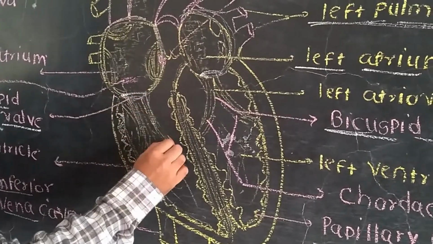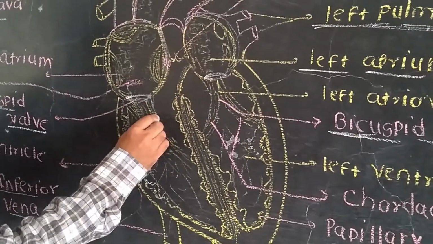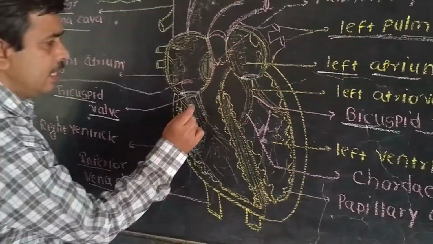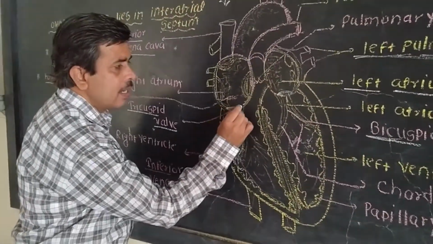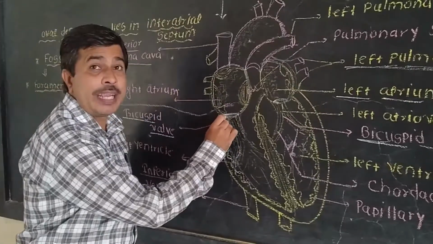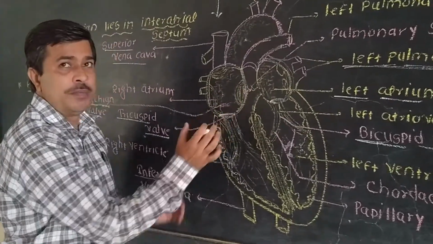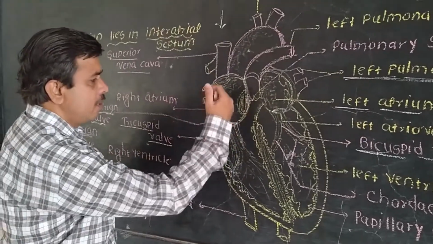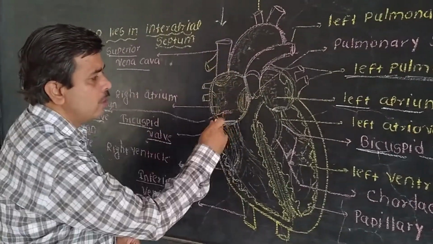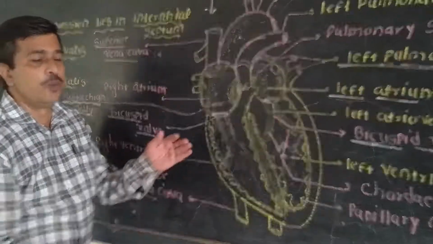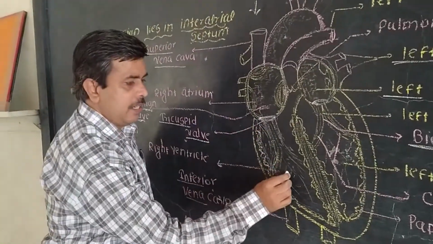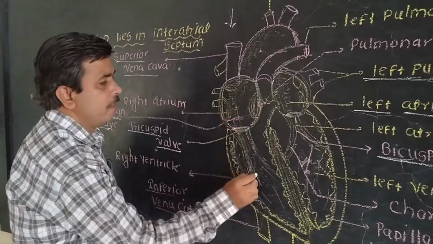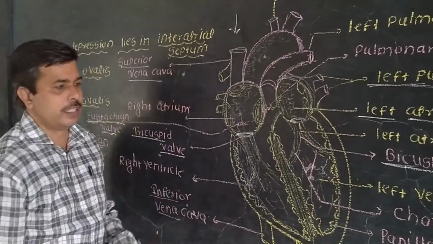These fibers are known as the chordae tendineae, and they help to open and close the bicuspid and tricuspid valves. They help maintain the opening and closing of these apertures, and due to this the blood cannot reverse from the ventricle to the auricles.